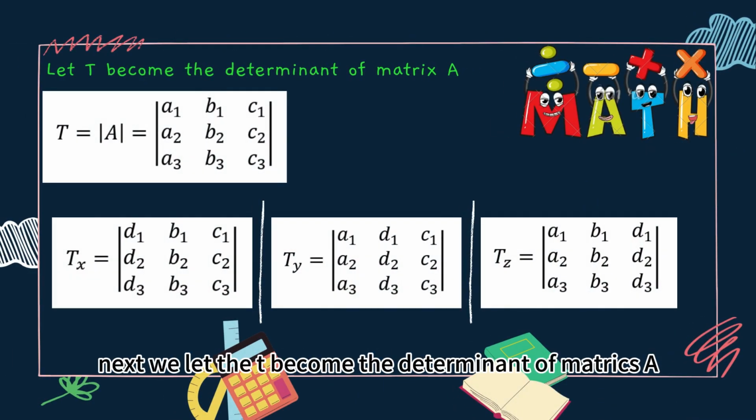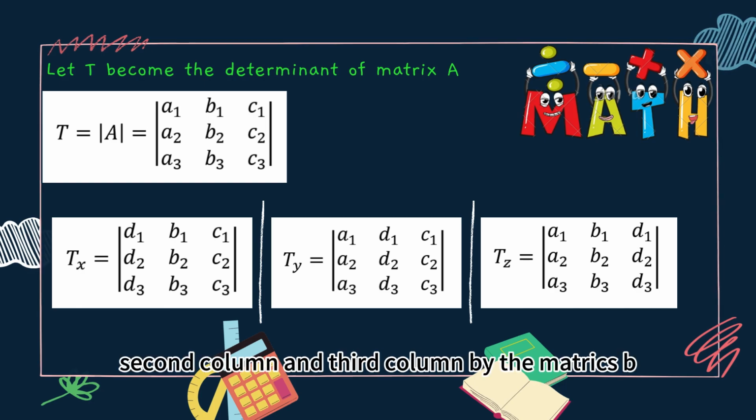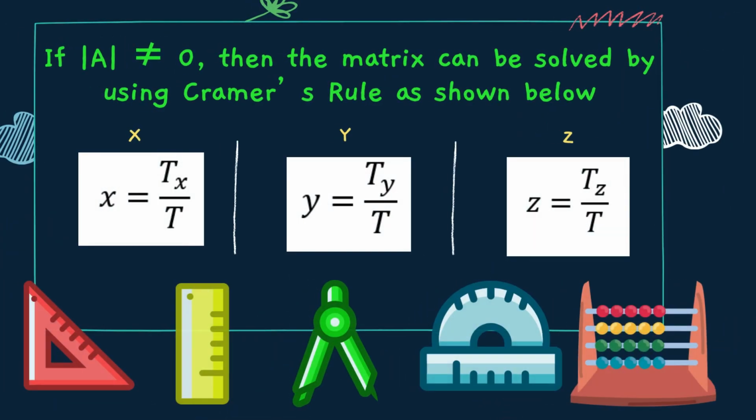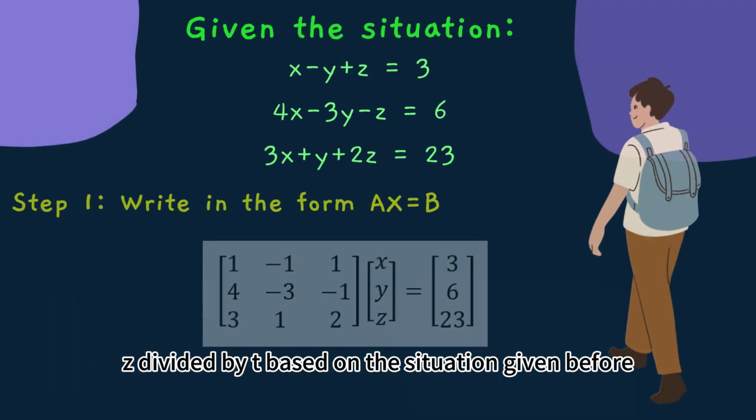Next, we let D be the determinant of matrix A. We can calculate Dx, Dy, and Dz by replacing the first column, second column, and third column with the matrix B. If the determinant of A is not equal to 0, then the system can be solved by using Cramer's rule, as shown below. X can be calculated by using Dx divided by D, for variable y, Dy divided by D, and for variable z, Dz divided by D.